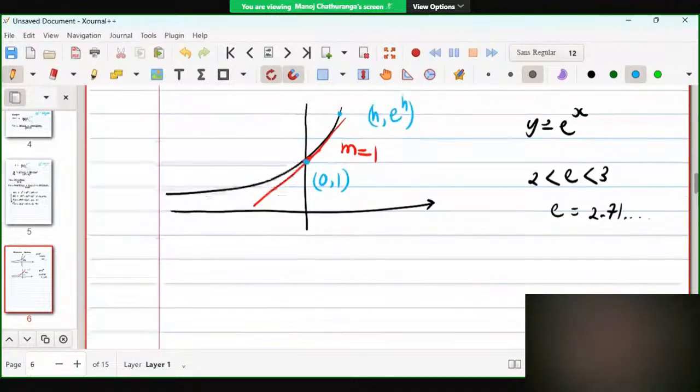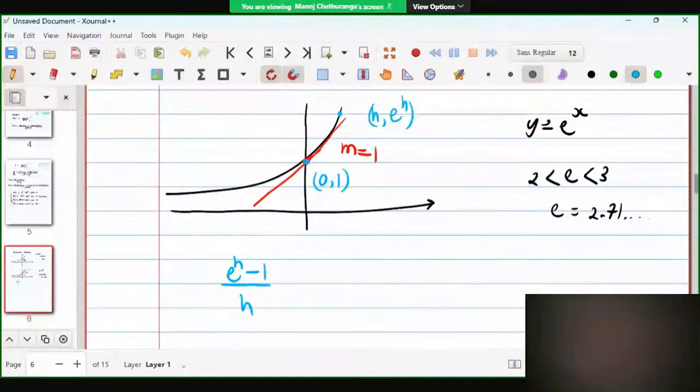Then the slope of the secant line is the y coordinate difference divided by the x coordinate difference. The slope of the tangent line is the limit. The property of e is that this limit is 1.